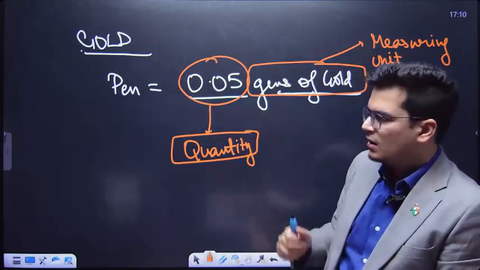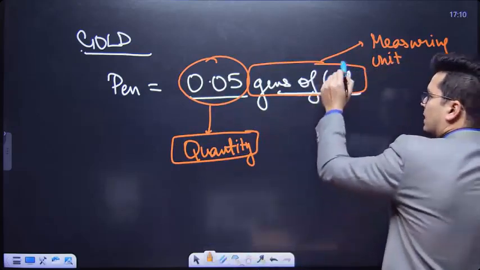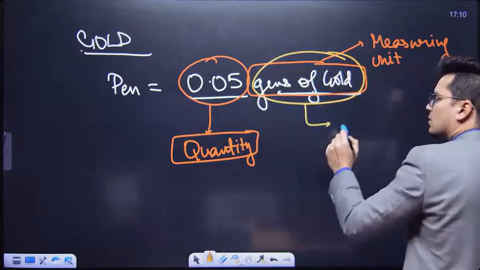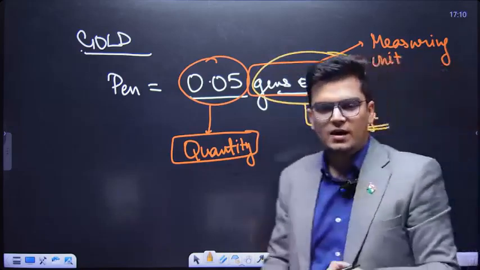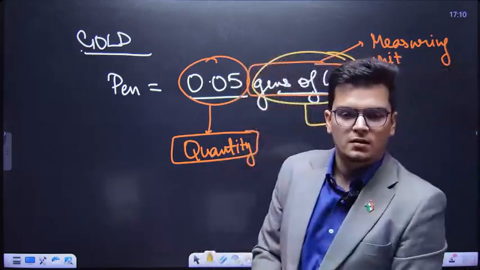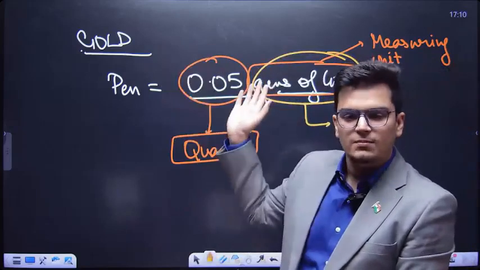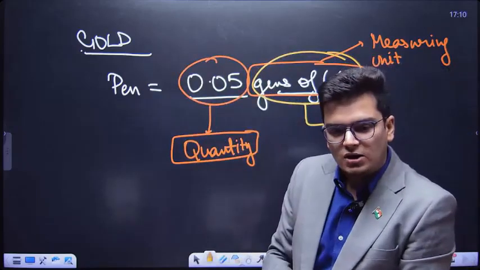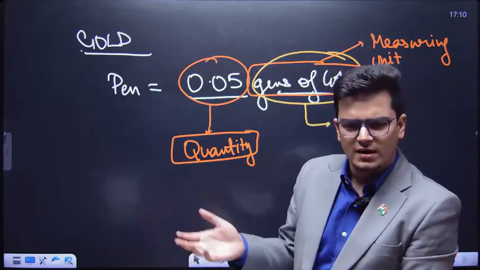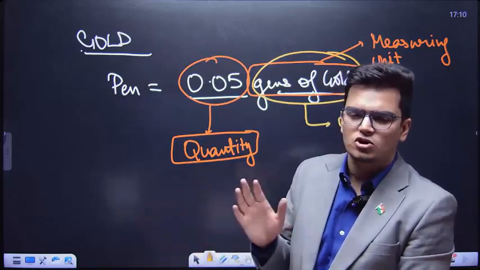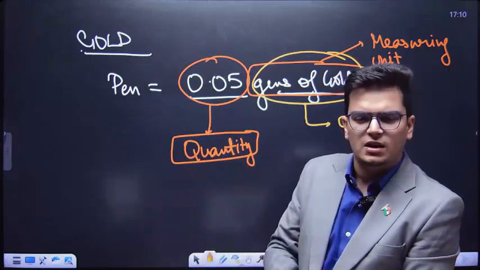You know for a fact that even this value keeps changing. The value of 1 gram of gold today is not the same value it was 5 years ago. Today, 10 grams of gold is I think somewhere around 70-80,000, I'm not sure. I think it was 50,000 some time back.